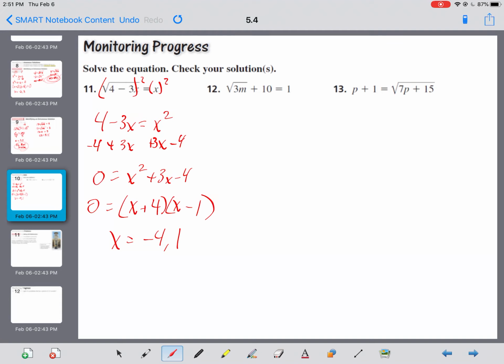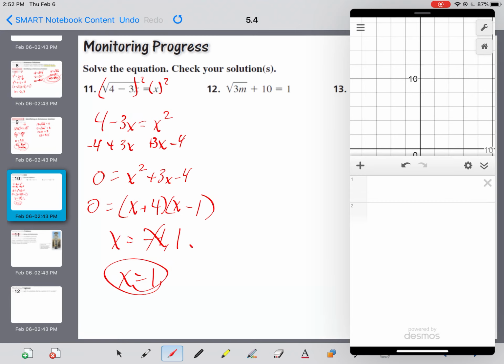And we should double check them. Let's see. Negative 4 times negative 3 is positive 12. 12 plus 4 is 16. Square root of 16 is 4. I'm going to say that one's a no. 1 in there. Square root of 1 is 1. That one does work. So I would say x equals 1 only.